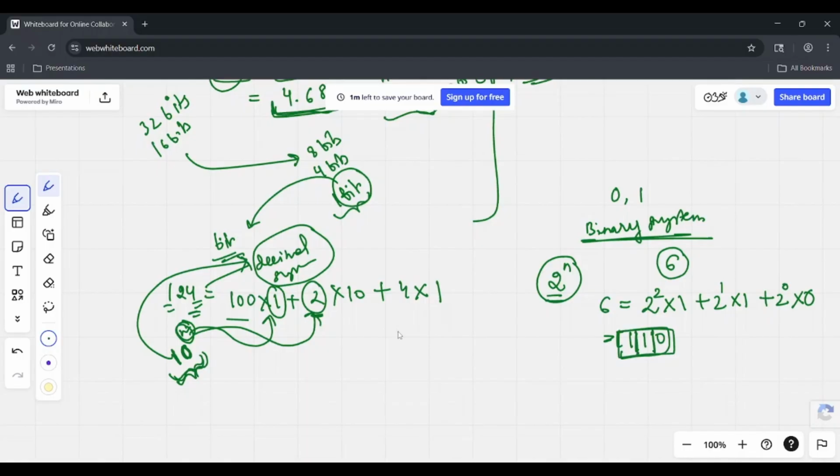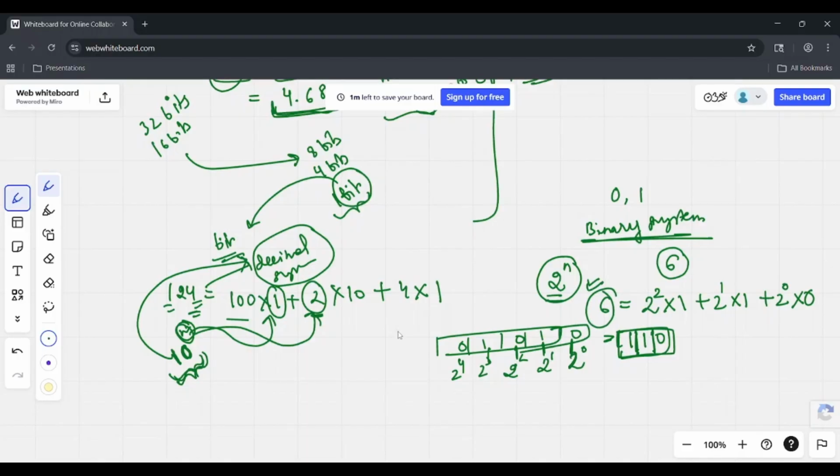Basically, you store numbers in the form of 0s and 1s, and you start from the very right and take 2 raised to the power of 0, then 1, and the power keeps increasing depending on the position we are at. Then you multiply these together and add them up in order to get the original number back.